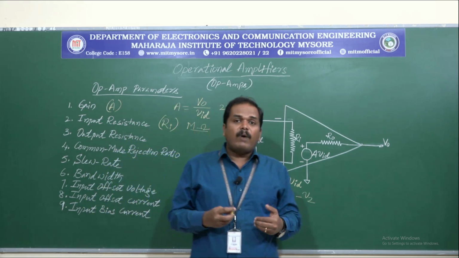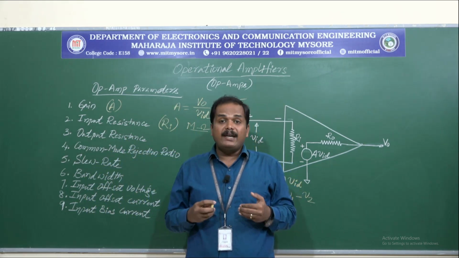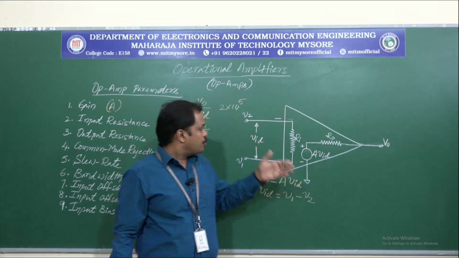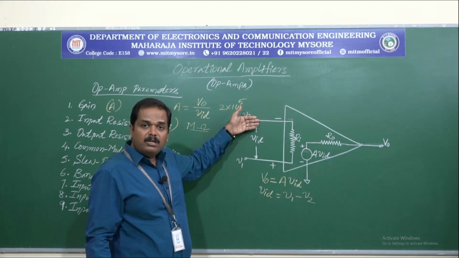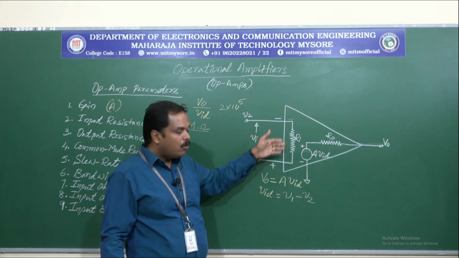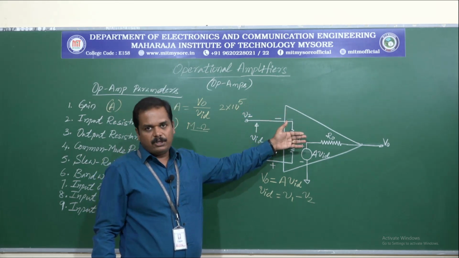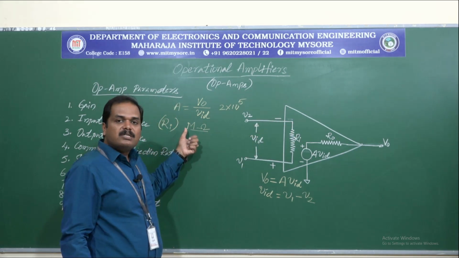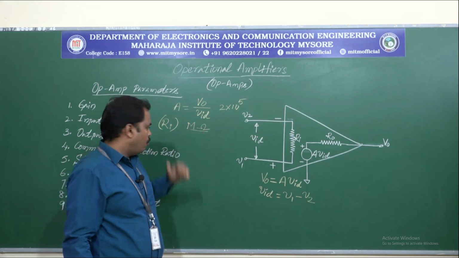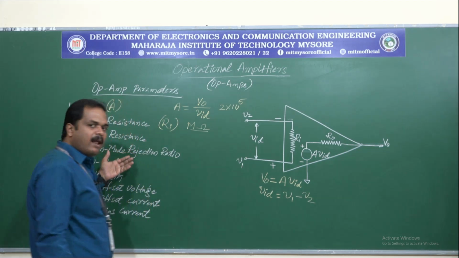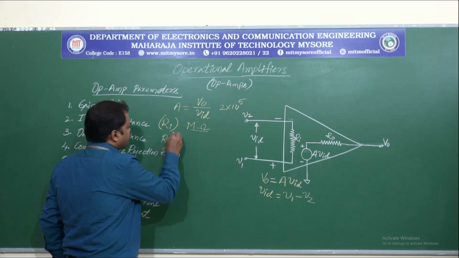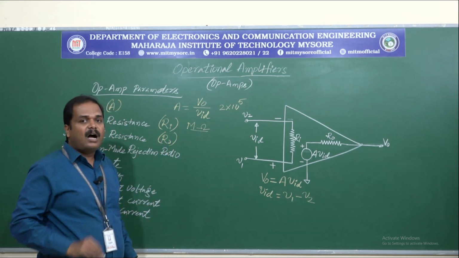The reason why it should be in mega ohms is to ensure that the input current that comes in through the terminals to the op-amp will not be allowed inside the circuit. To make sure of this, we make the input resistance in mega ohms. And the next parameter is the output resistance, which is represented as R naught.